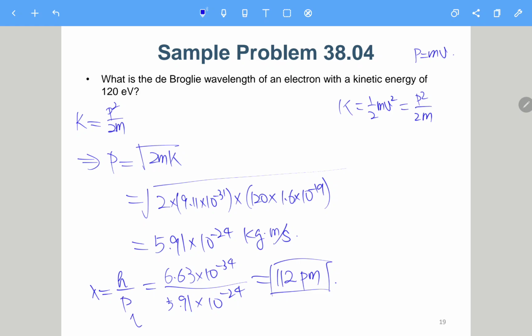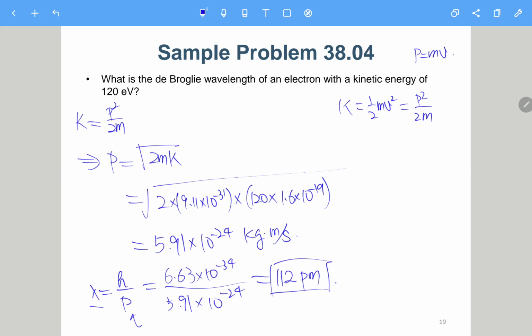You can imagine if this is p. If you consider ourselves, we have a much larger mass, so there will be a large momentum.